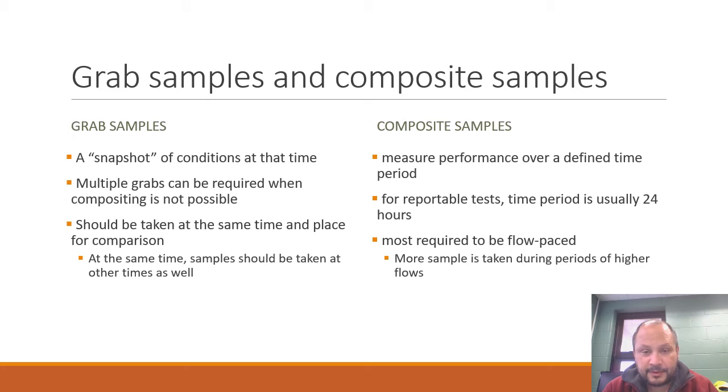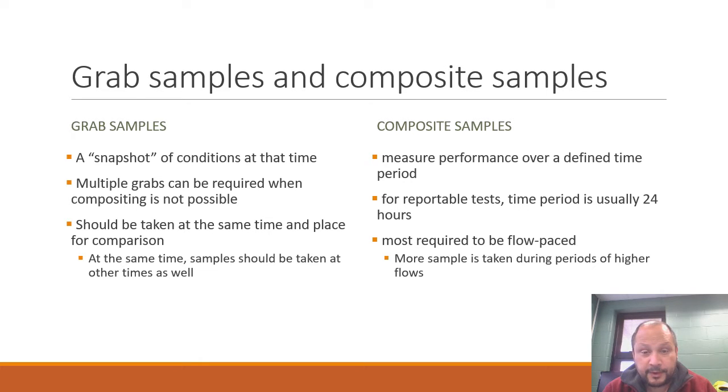Composite sampling, of course, is exactly what it sounds like. We're taking several separate grab samples and putting them together to represent what is occurring over time, usually over a 24-hour period.